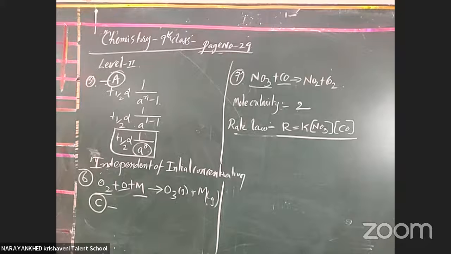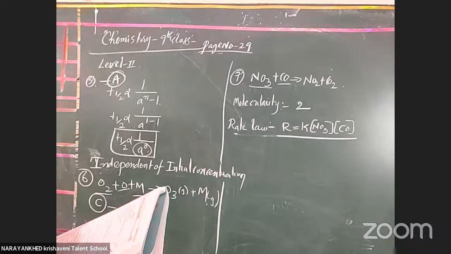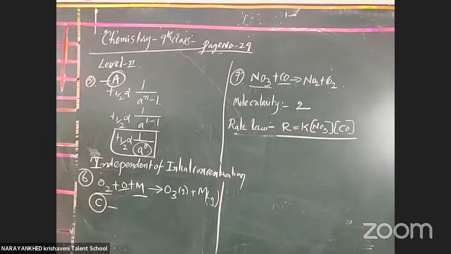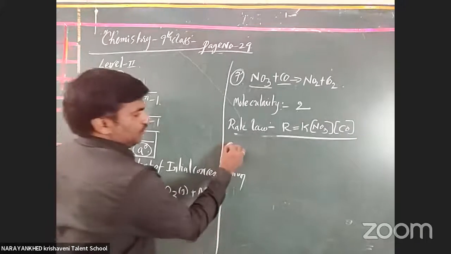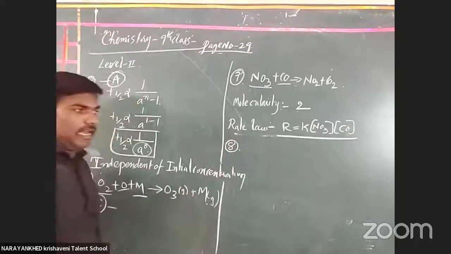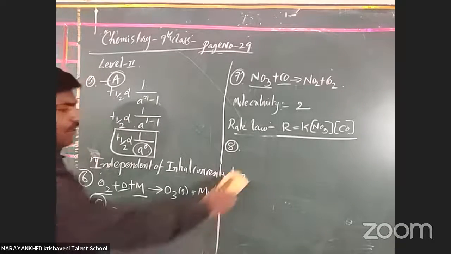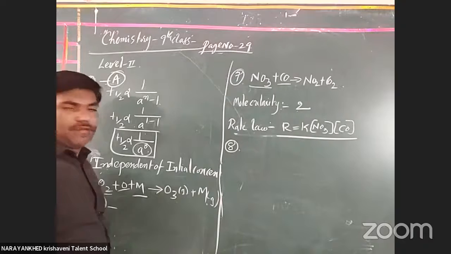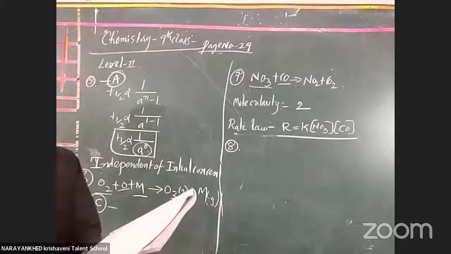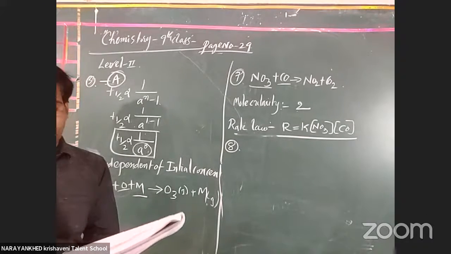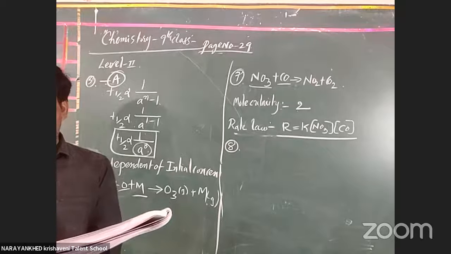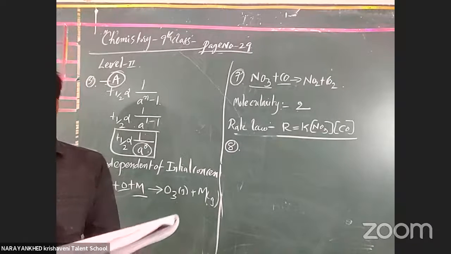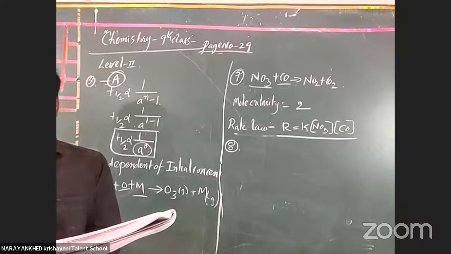Next, the eighth question. The rate constant of a first order process that has a half life of 225 is what?